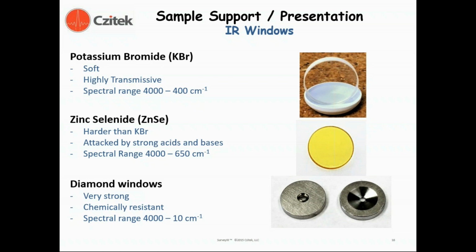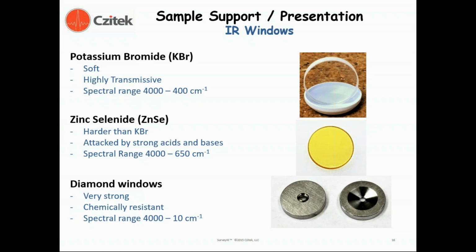They're fairly fragile and hygroscopic. Zinc selenide is harder. It is water insoluble, so if you're working with wet material, you might want to use a material like zinc selenide or barium fluoride. The downside of zinc selenide is that, as you can see, it's a yellow color.